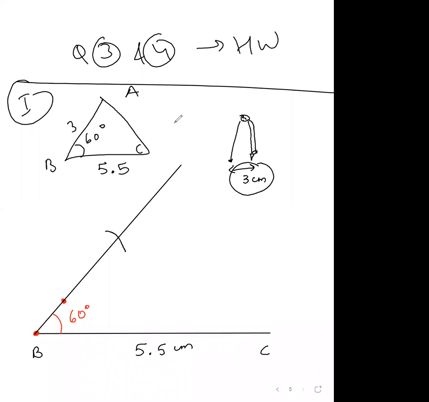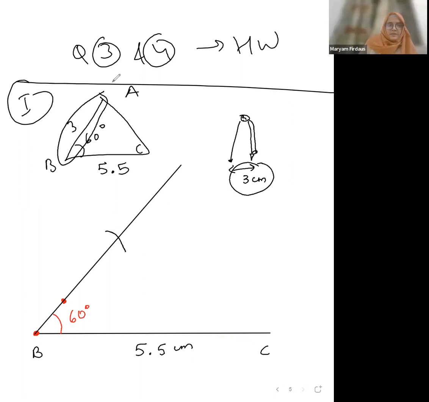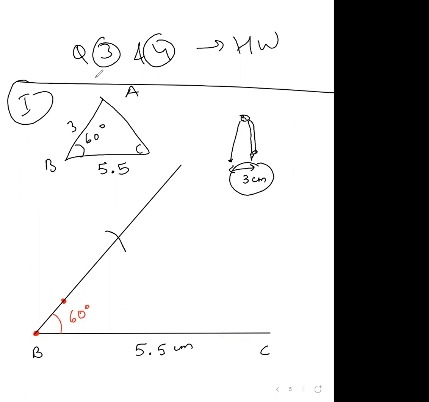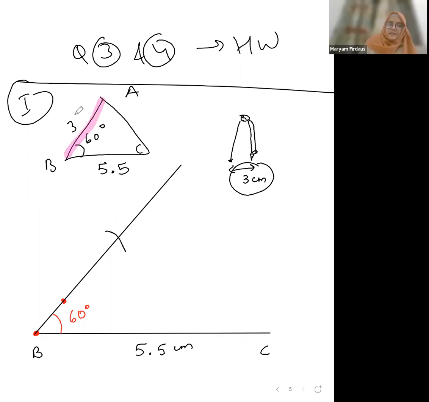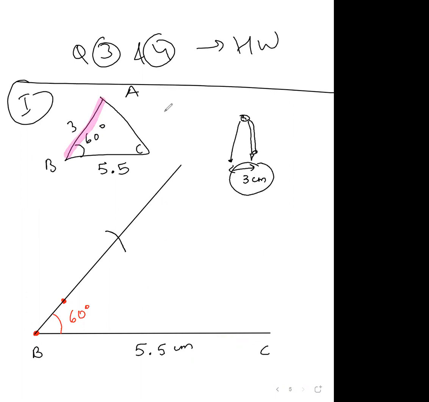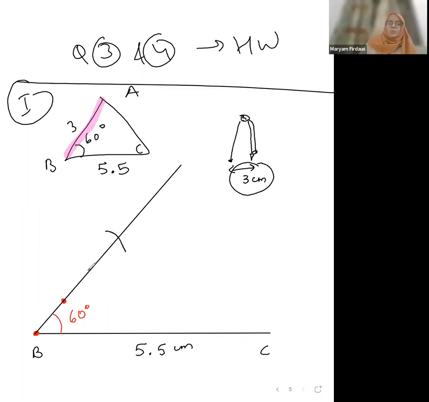But why did we measure 3 centimeters? Because this is our 3 centimeters. So how much is the arc? 3 centimeters. So how do I draw the arc? You have to put the, that's what I said, keeping the needle at B, with B as center.